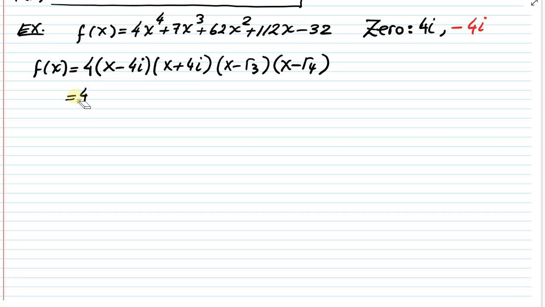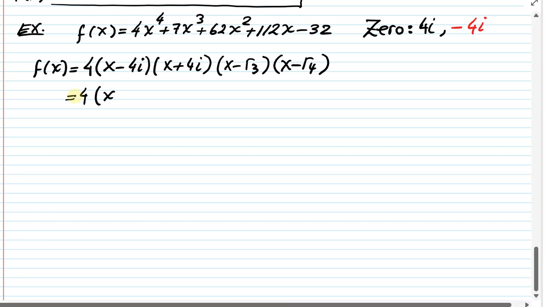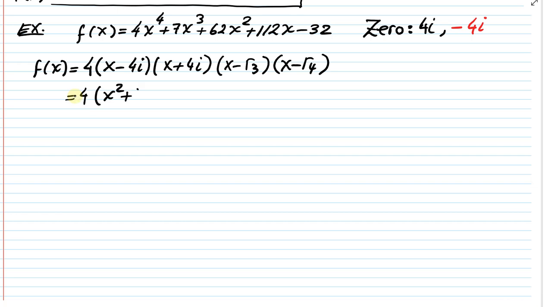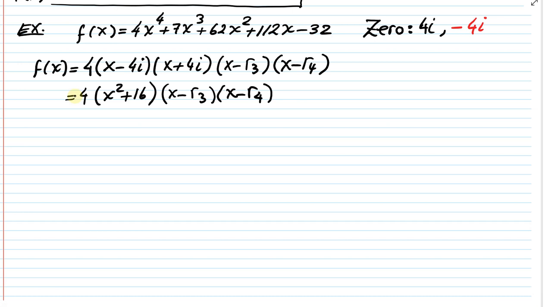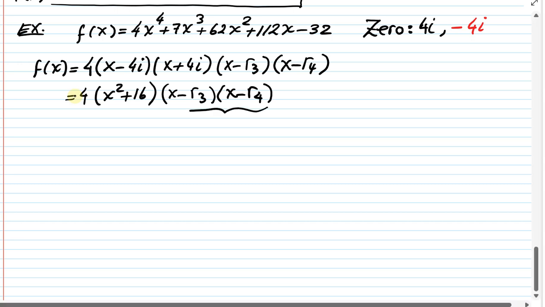When we multiply these conjugates, what are we going to get? Just square the first one plus square the number. So that's x squared plus 16, and then x minus the third root, x minus the fourth root in here, correct? Now what is this going to look like? I expect to get a second degree polynomial in here.